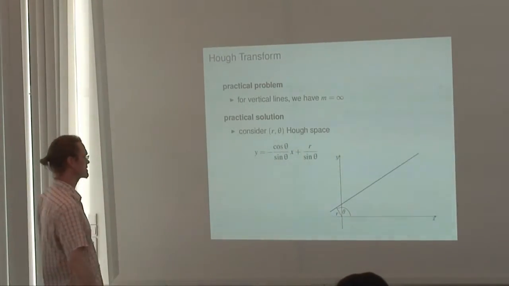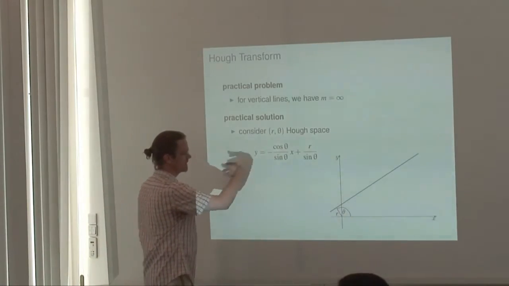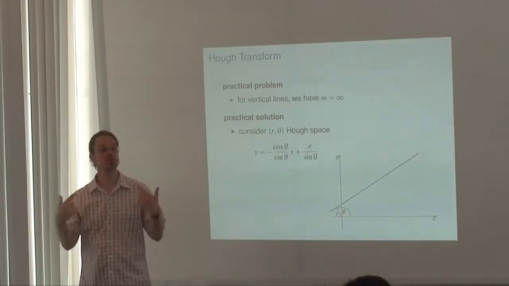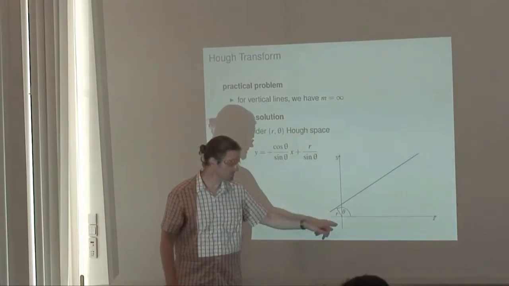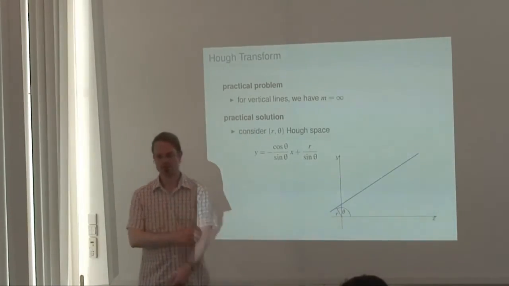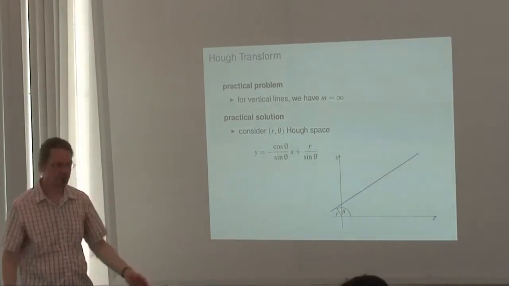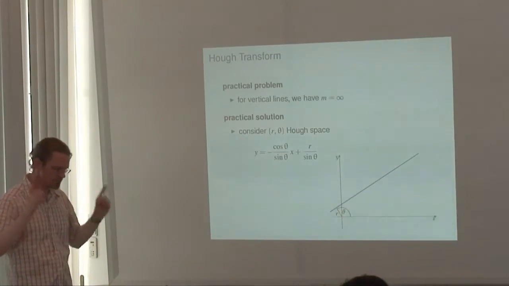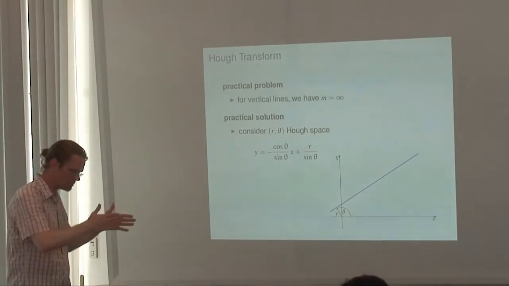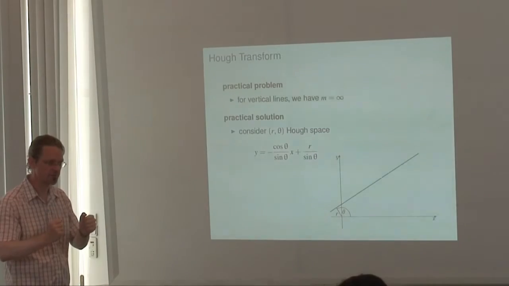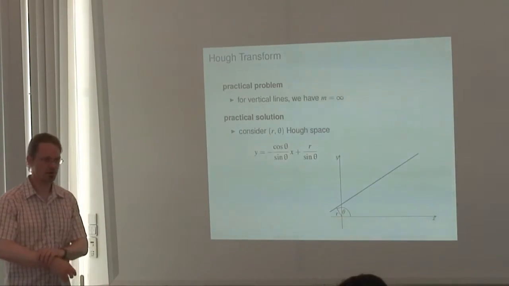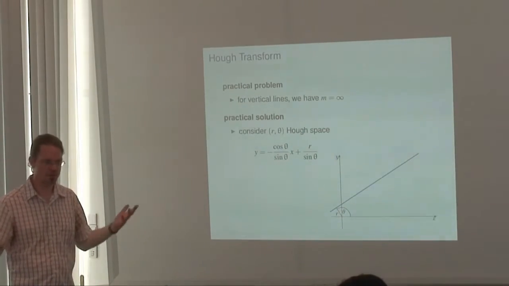We can express the line equation in terms of r and theta, r being the distance of the line to the origin, theta being the angle. So that can be done, and therefore instead of using an m,b Hough space, we now use an r,theta Hough space, but it's the same thing.